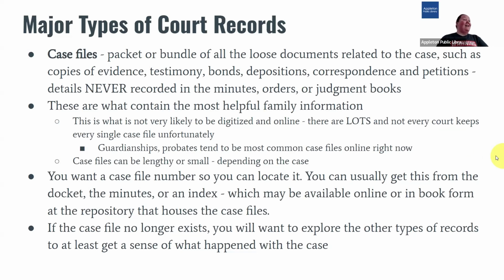Sometimes both the index and the case files are offline. It's again going to depend on what area you're researching, what time period you're researching. And again, if that case file doesn't exist anymore, explore the other types of records to at least get a sense of what happened with that case. So you at least know what happened, but not as much detail as you would have liked, unfortunately.